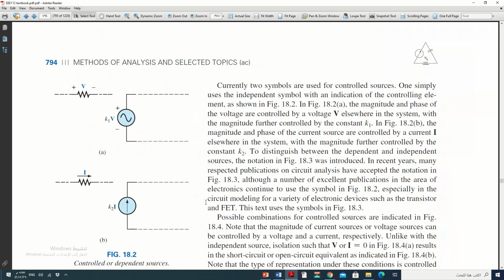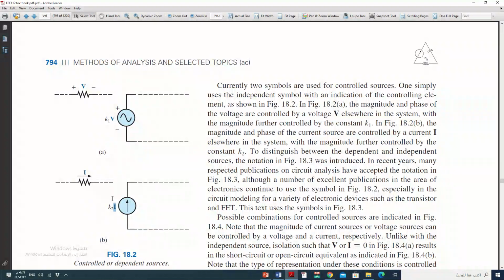But now we'll show the symbol for a dependent source. It depends on something else. When you see this symbol, this is for voltage and this is for current, similar to AC, but you write a constant next to the voltage or a constant next to the current; this means a dependent source.